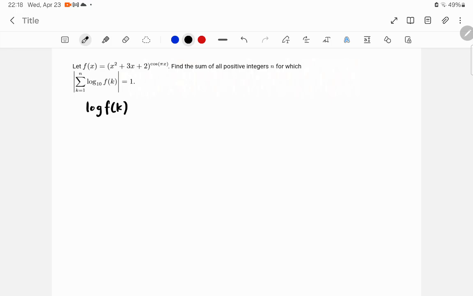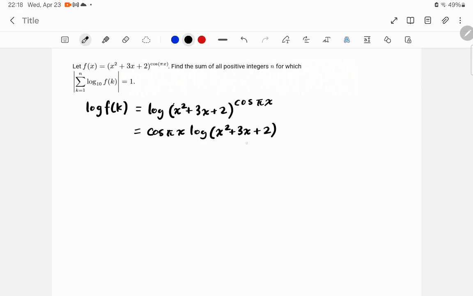All right. So if we have log of f of k, let's see what this is going to do. So this is equal to log of x squared plus 3x plus 2 to the power of cosine of pi x. And so we can bring this exponent down, which gives me this expression. And then I can factor this quadratic.